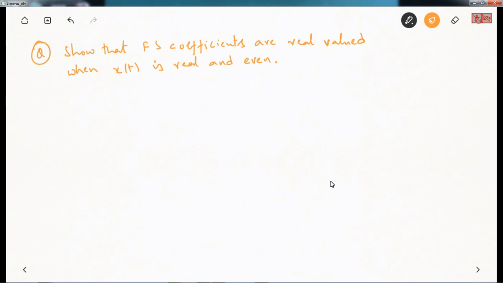You can do this as homework. If you don't get it, you can ask me in the next class. But it is simple. You just have to use two of the previous properties, right?